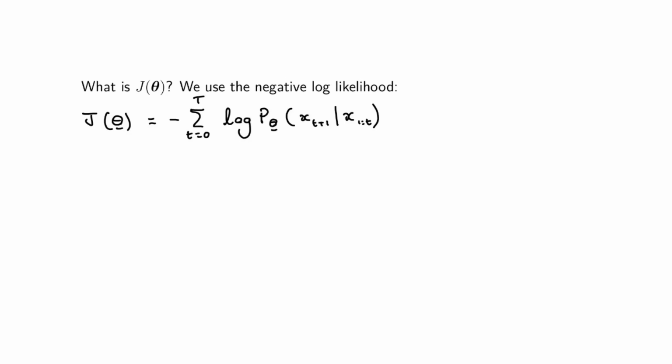I jumble my notation a little bit here, because sometimes I use x t plus 1 to refer to the particular word occurring at that place, and sometimes I think of it as a one-hot vector, with a 1 in the position for the word that occurs at that specific position.